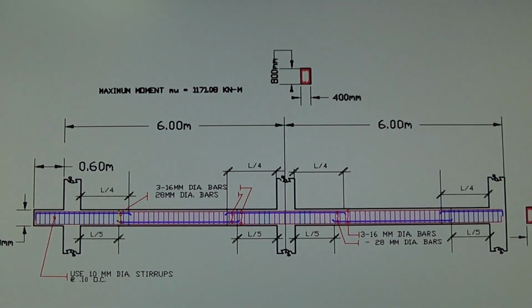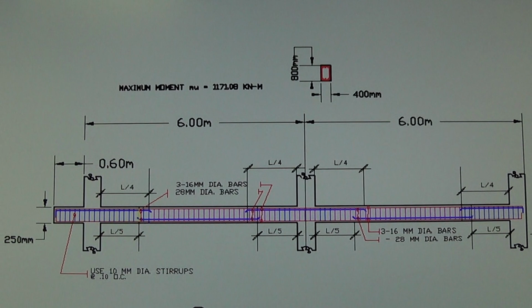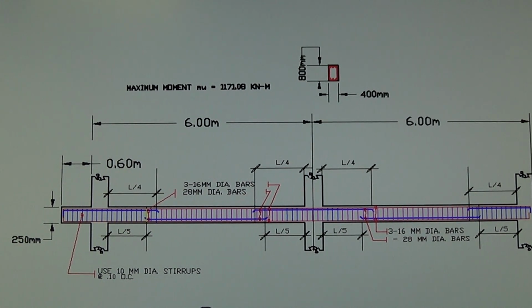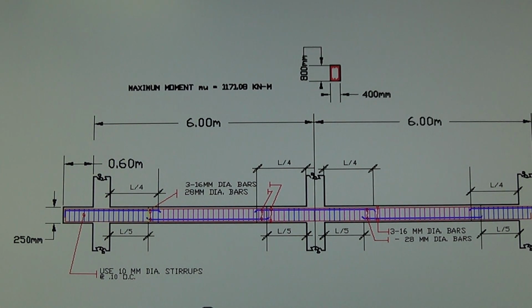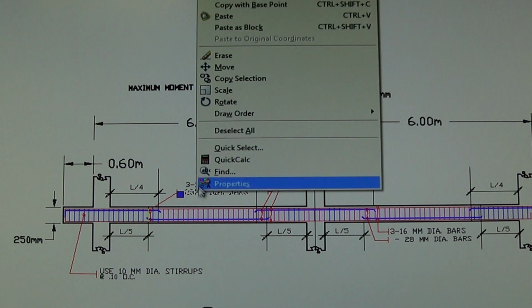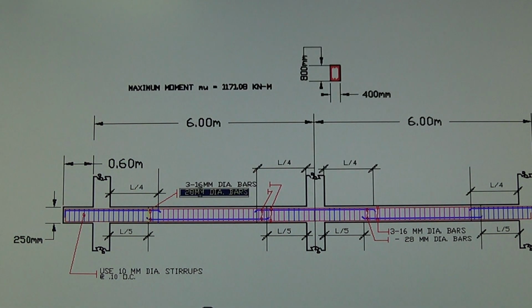So we still got to go back to this beam. I forgot to show you in the first video, so now I'm gonna have to redo this. This is actually 7, 28 millimeter diameter bar, right?